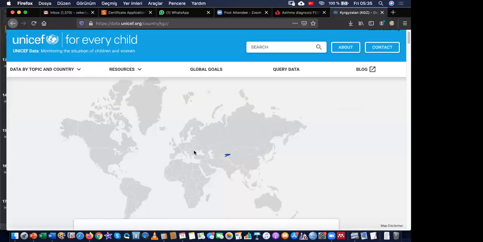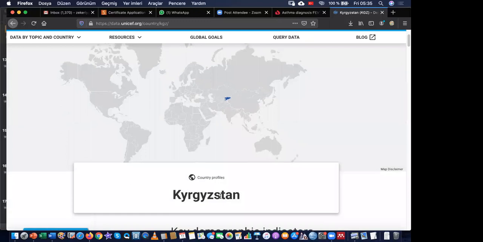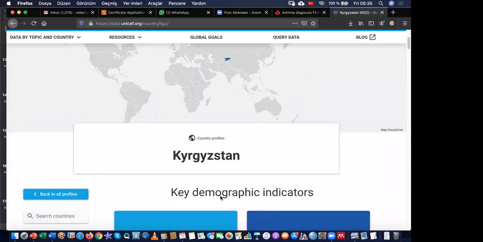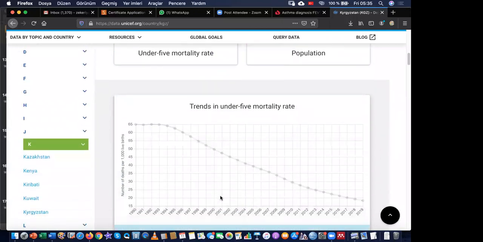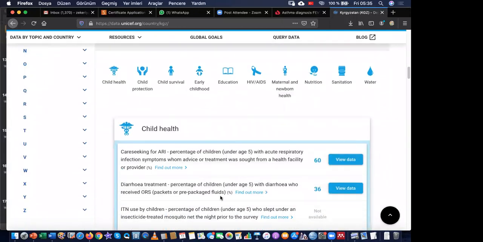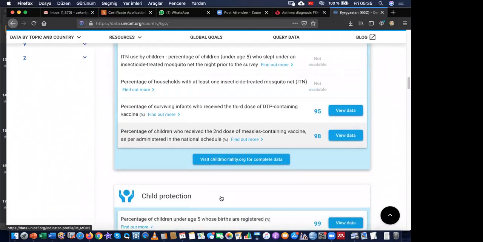What do you think? How many of the babies born in Kyrgyzstan die within the neonatal period? I want you to have a figure about the neonatal mortality rate. Any guesses?